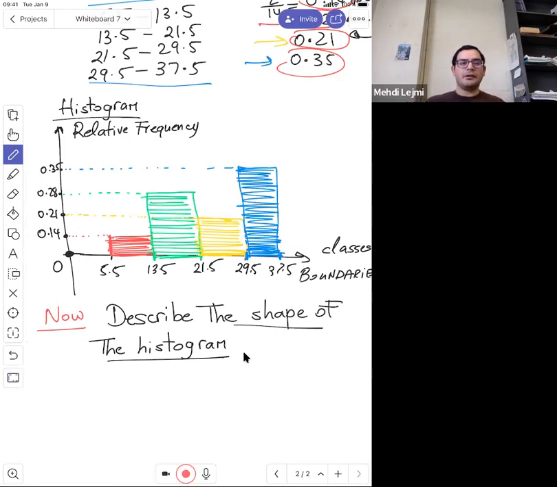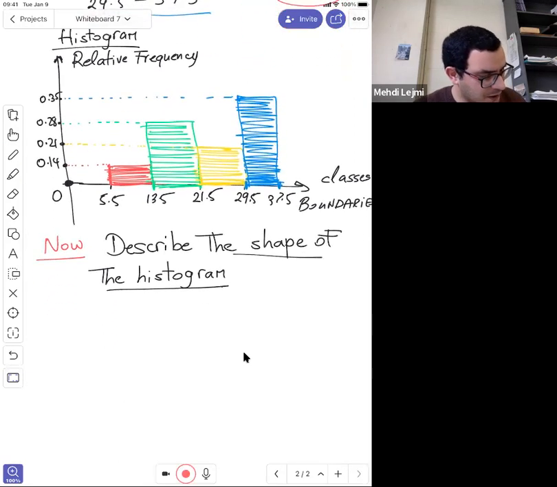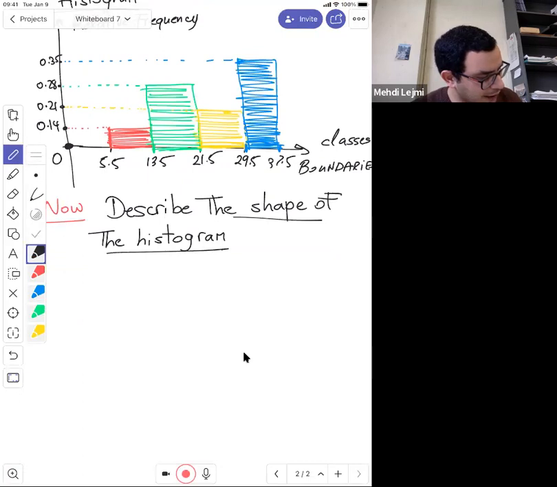Now I'm gonna give you different kinds of possible shapes of the histogram. Of course, in the examples of the exercises and the homework, you need to find the shape which is really close to your histogram. So we have different kinds of shapes.